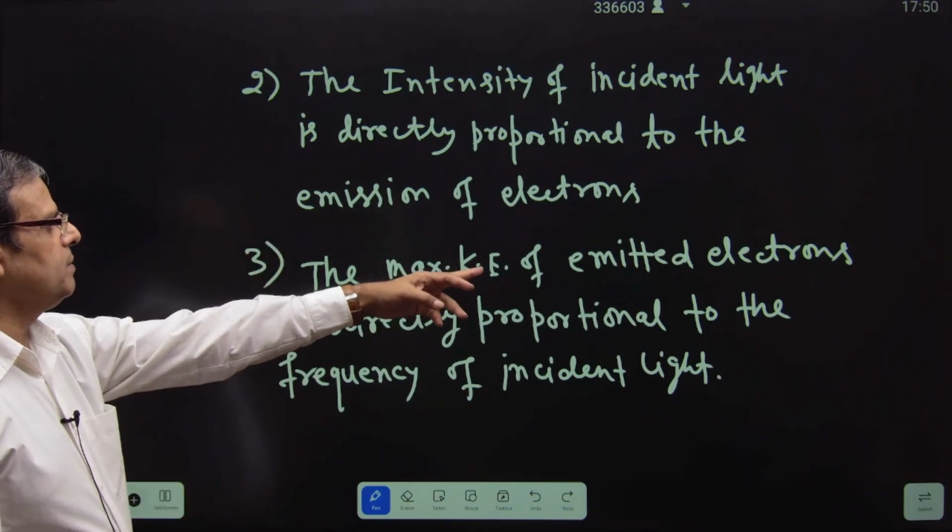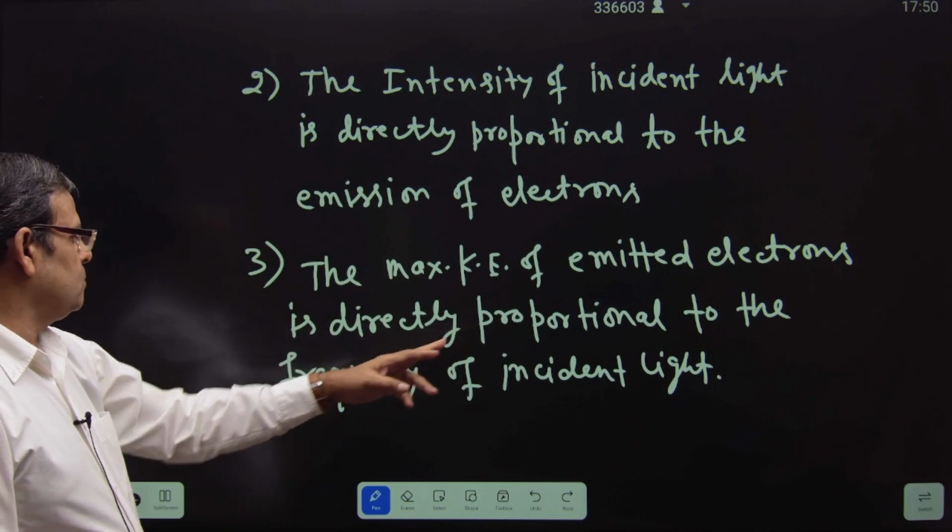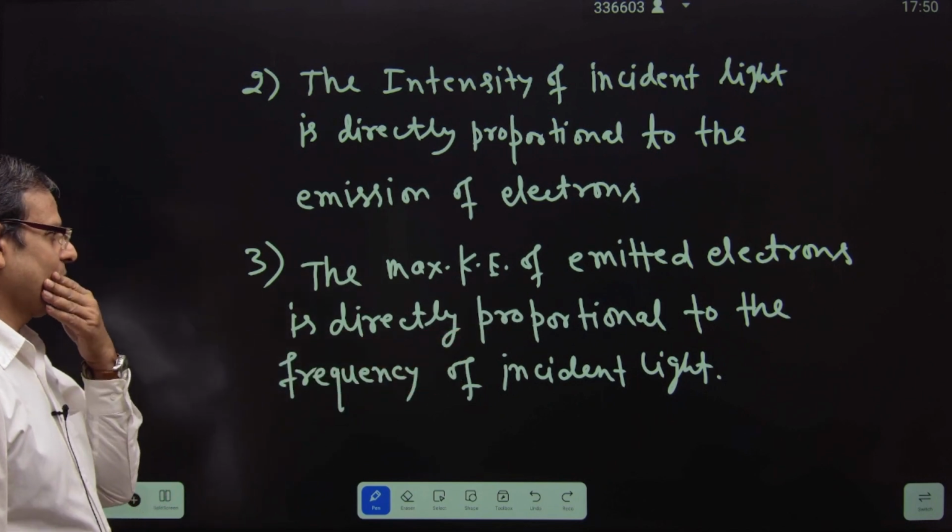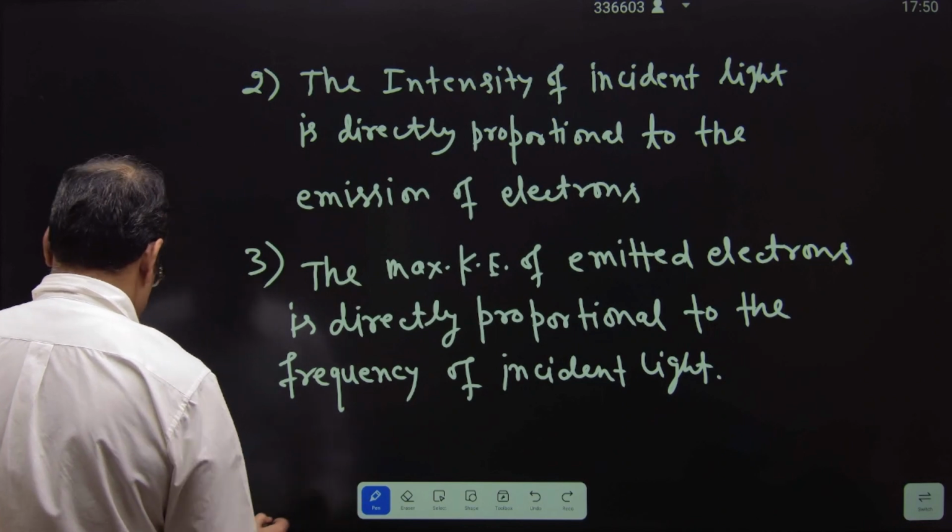The maximum kinetic energy of emitted electrons is directly proportional to the frequency of incident light. Okay.